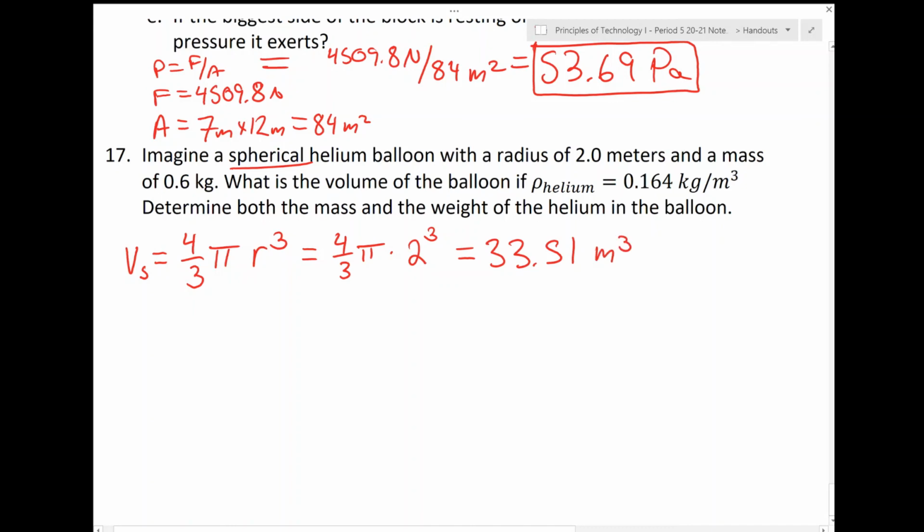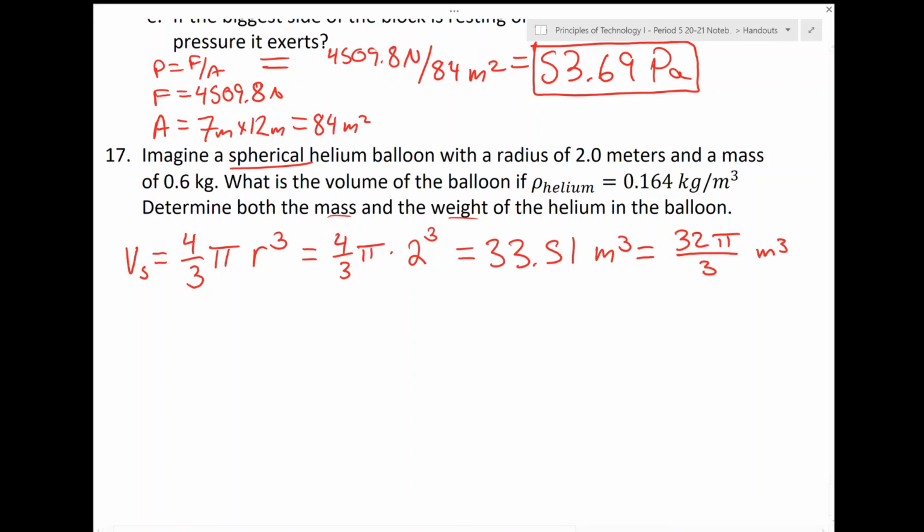Technically, since I told you not to round off until the very end of the problem, we should say that this volume is 32 pi over 3 cubic meters. Determine both the mass and the weight of the helium in the balloon.